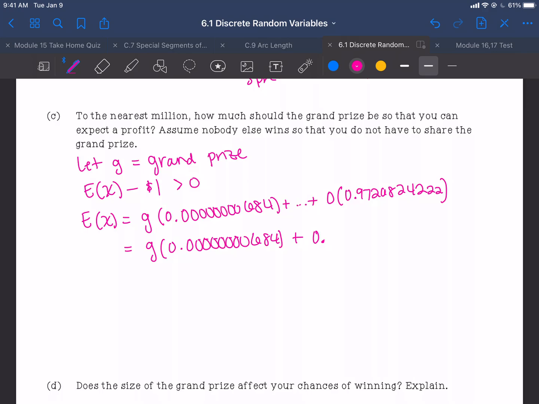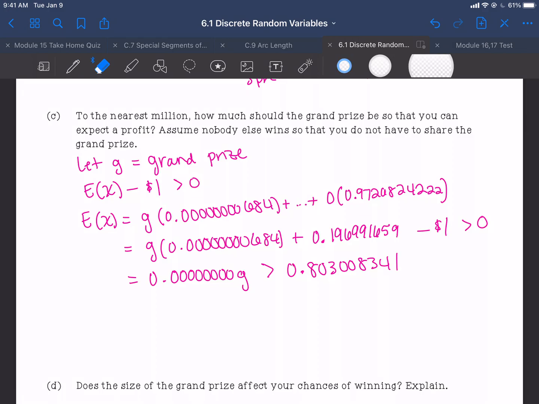If you did all that in your calculator, 0.196991659 minus your $1, you want that to be greater than 0. So if you add your $1 over and then subtract your 0.19699, you're going to get 0.1234567 times the grand prize to be greater than 0.803008341.